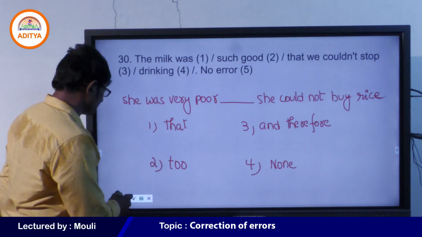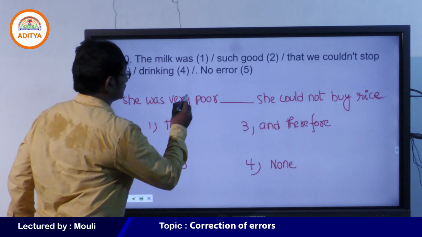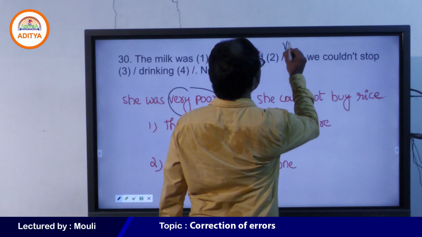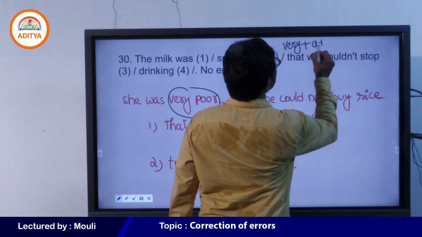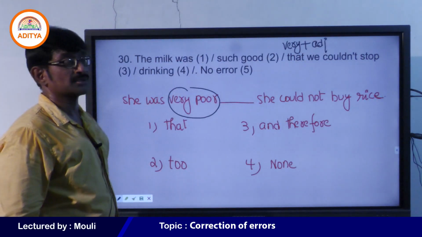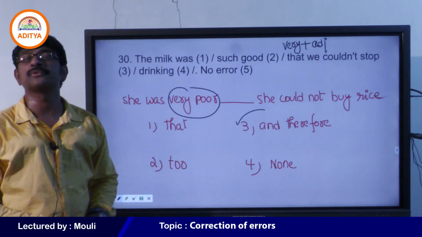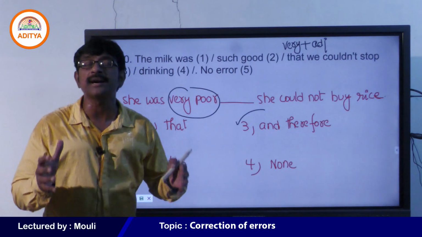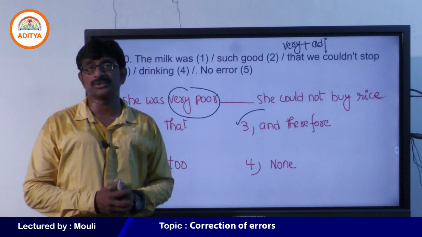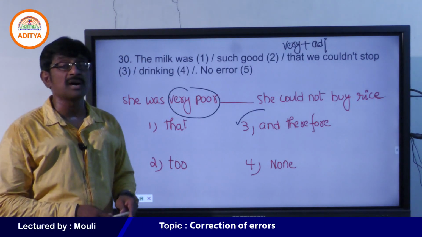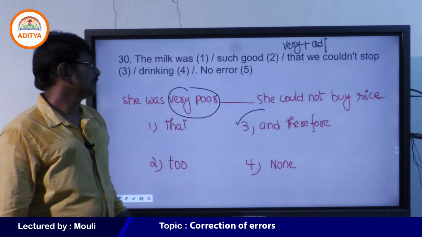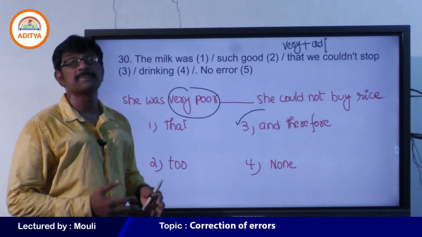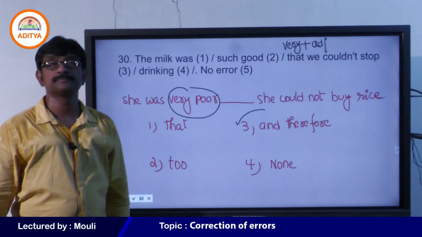Okay, students, to find out the right choice here, we have to see this very plus adjective. Whenever we have very plus adjective, we must go for and therefore. It is a very important question. Many times it was given in examination.